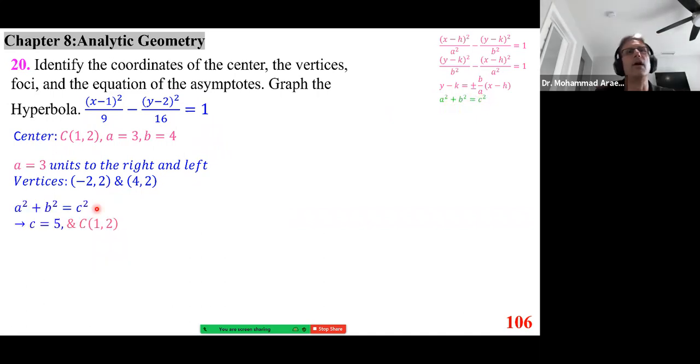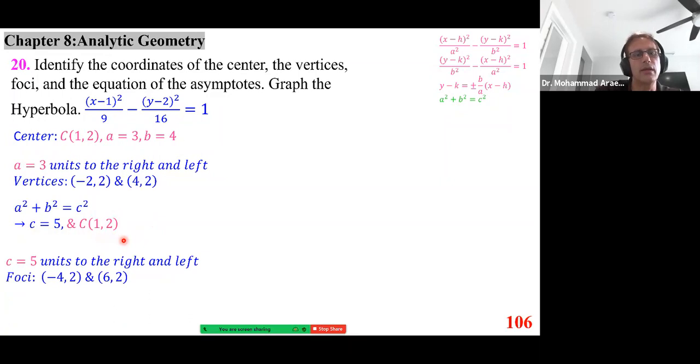And c becomes 5. We know the center is at 1, 2. Therefore, going 5 units to the right and left gives us the location of the foci.